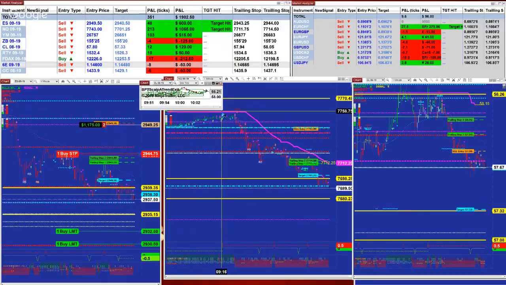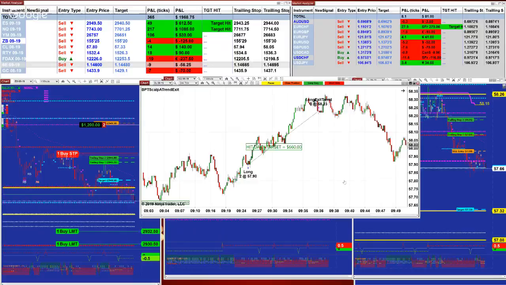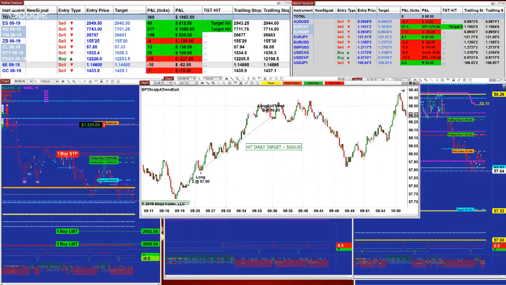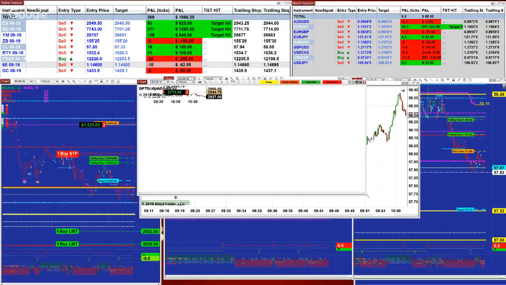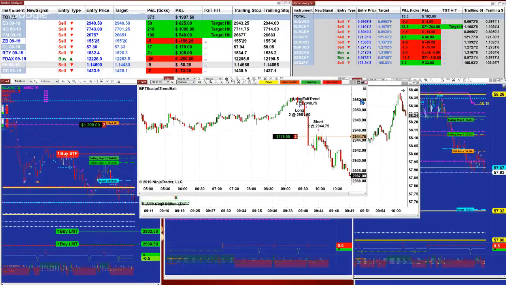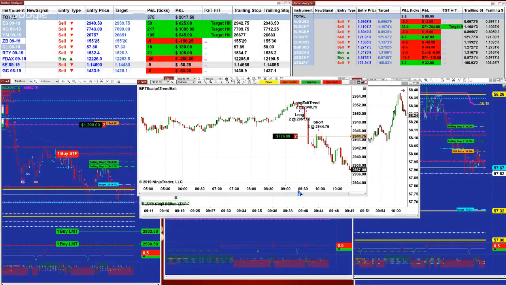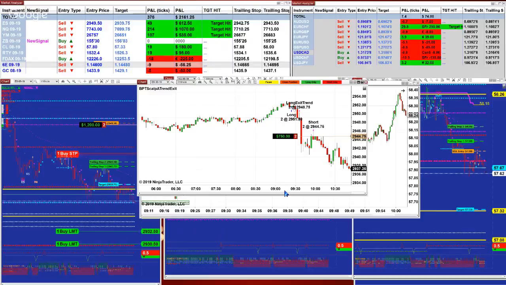On the CL, I think we just hit the target on the swing trading. No, this is earlier today. We are on all of them on the same time frame. We're still on that trade with the ES, 3 minutes.